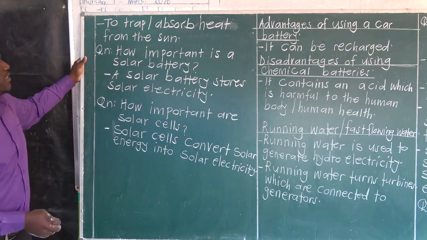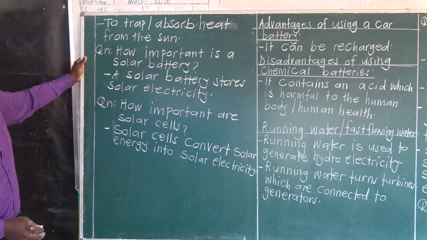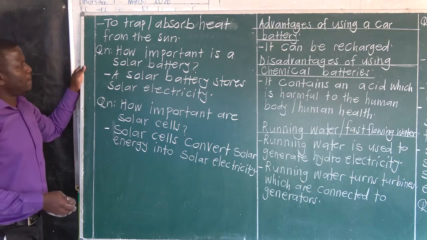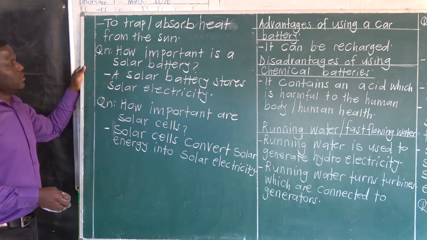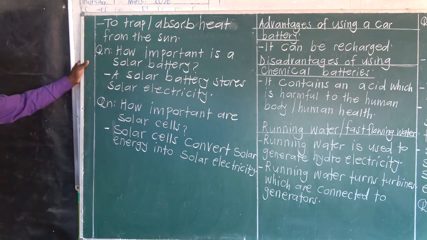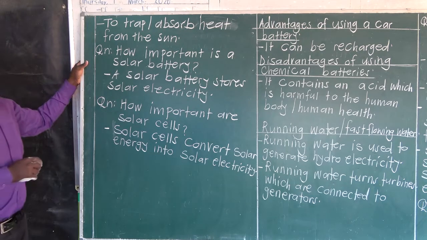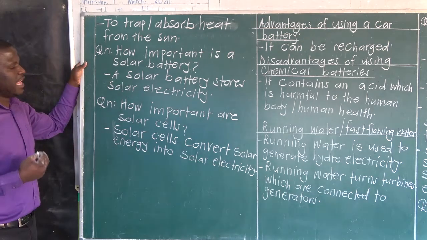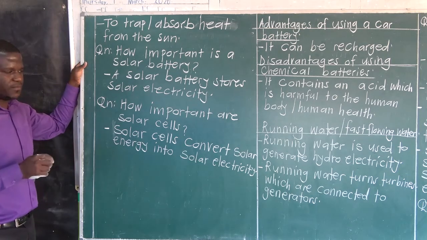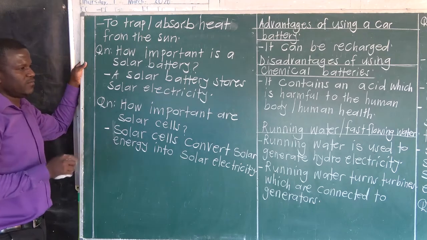When they ask you why solar panels are painted with dark colors, we say to absorb heat from the sun, not light. So solar panels don't absorb light or sunlight. The emphasis is on the word heat. They absorb heat from the sun.